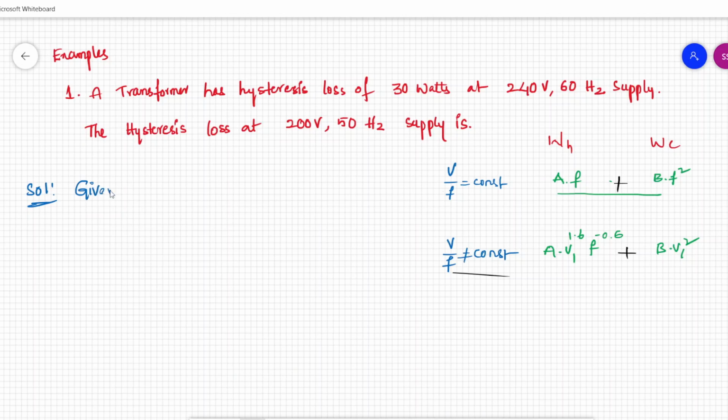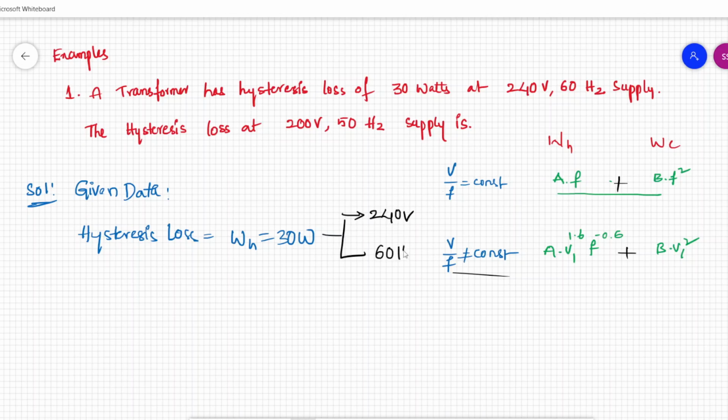Given data. A transformer has a hysteresis loss of 30 watts. WH, hysteresis loss, is 30 watts, and the voltage and frequency at which this loss occurs are 240 volts, 60 Hz.